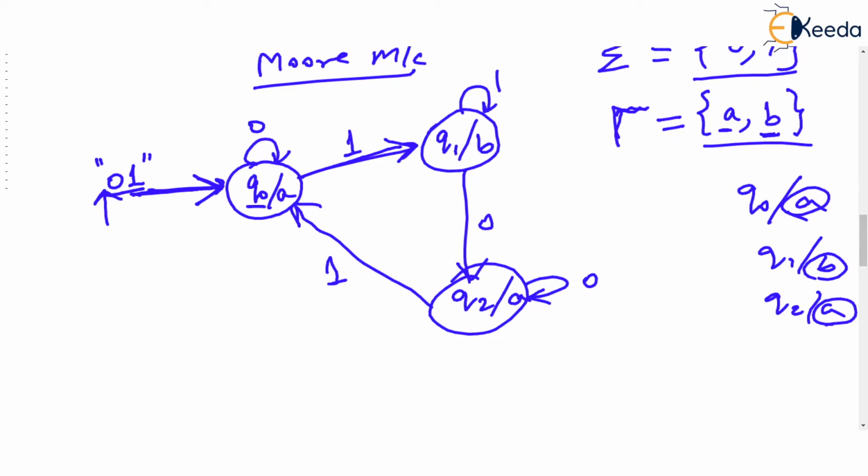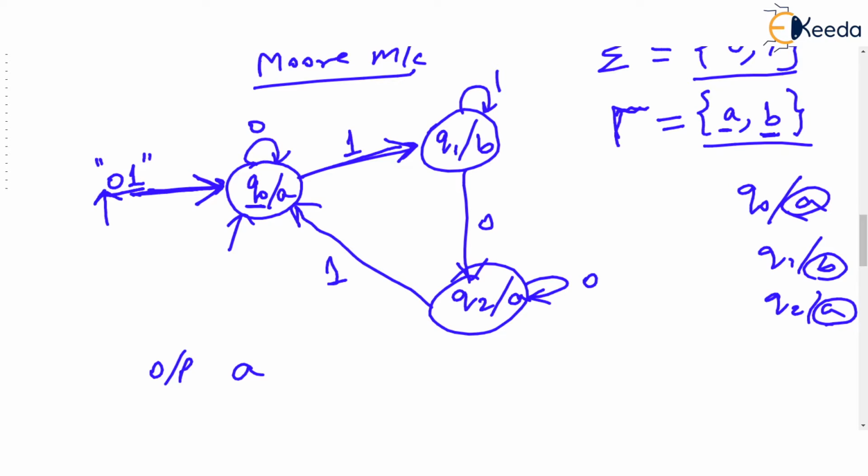What do you say, isn't it? The machine starts from here. As soon as the machine enters the Q0 state, the output A is produced. Just check, the output labeled with Q0 is A. So we are telling the Moore machine, if you are in the Q0 state, print A or produce the output A.